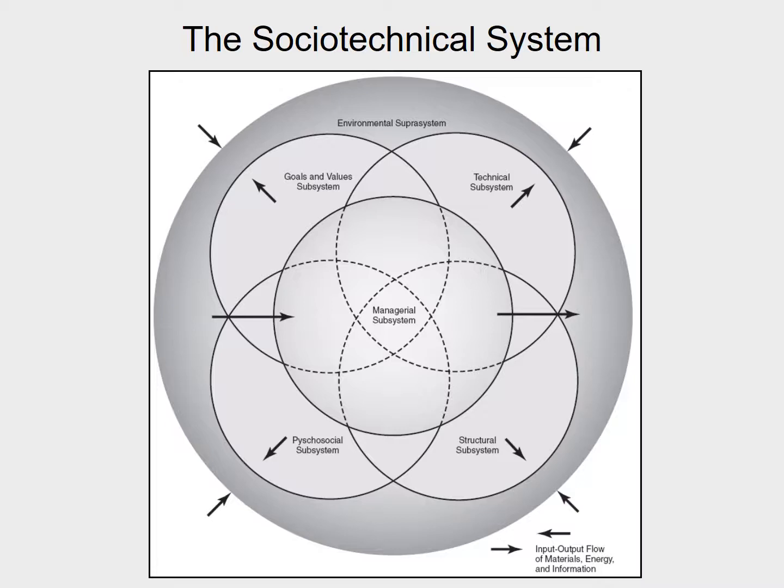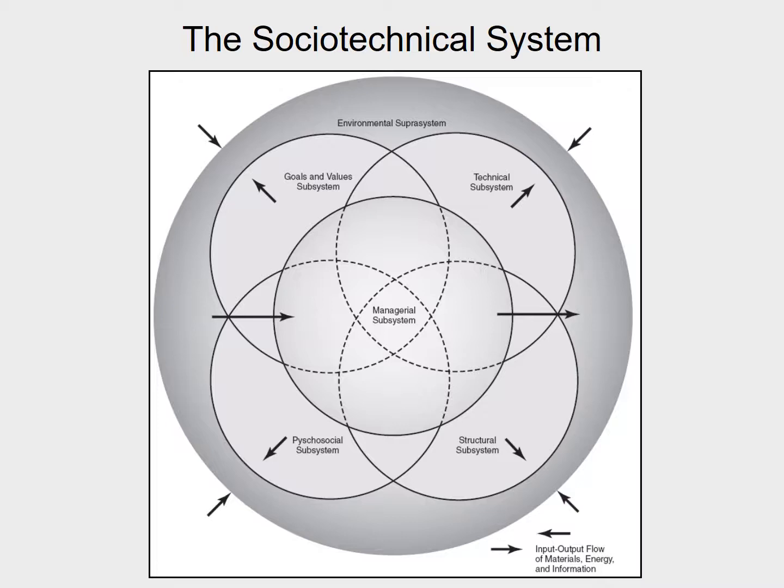While the main focus of organizational development is going to be the actual throughput, this is a more intricate model of what that throughput might look like. We have this managerial subsystem in the middle because it's the managerial subsystem that is going to help create and codify, if you will, the structure.